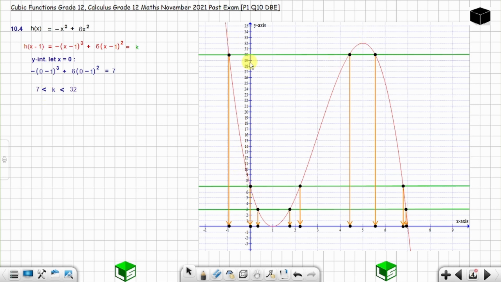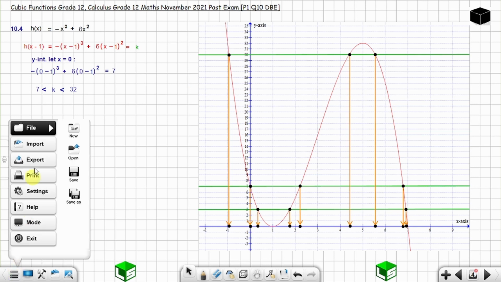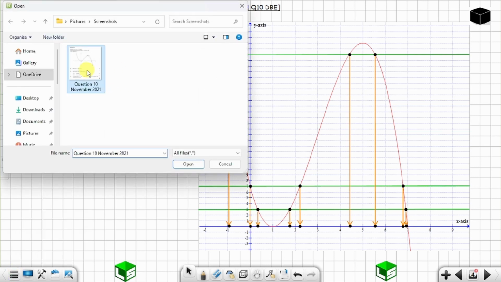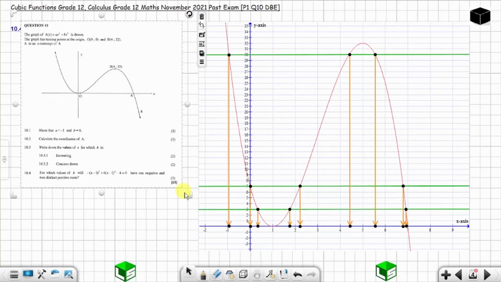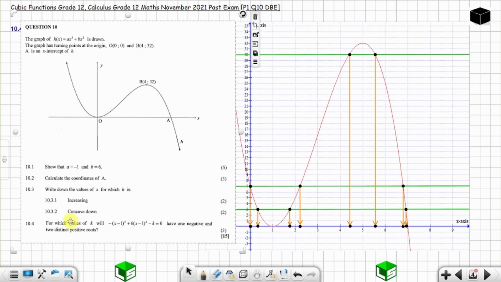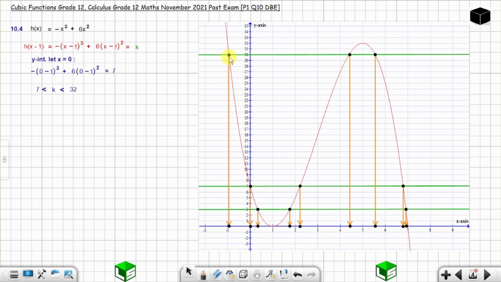Between 7 and 32, you can get 1 negative root and 2 distinct positive roots. This is what they're asking you: for which values of k will this graph have 1 negative and 2 distinct positive roots?